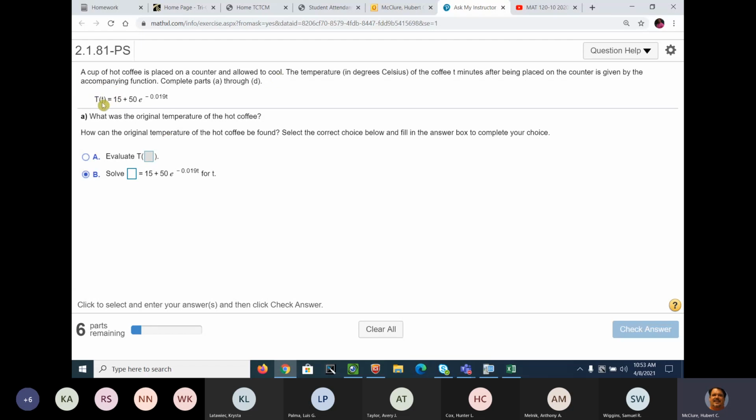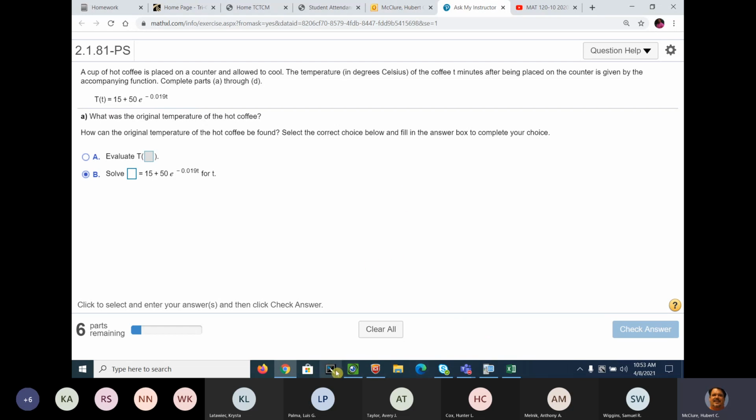So T of t, the temperature in degrees Celsius of the coffee t minutes after it's placed on the counter, is given by the formula; complete parts A through D. So you would put 0 in for t because 0 means that it's been there for 0 seconds, meaning that you just put it on the counter, I would assume.